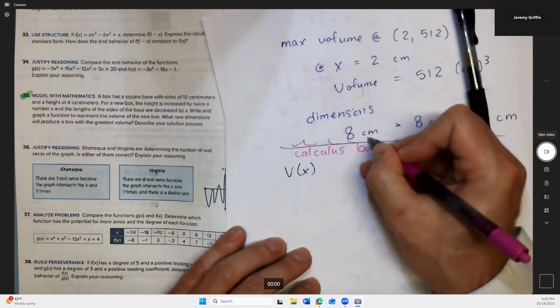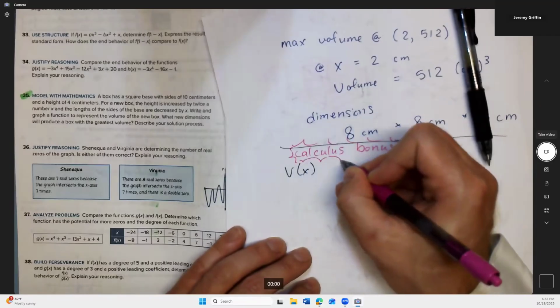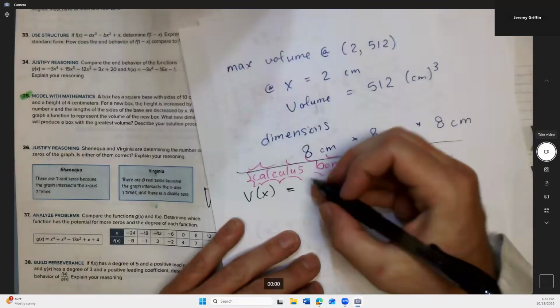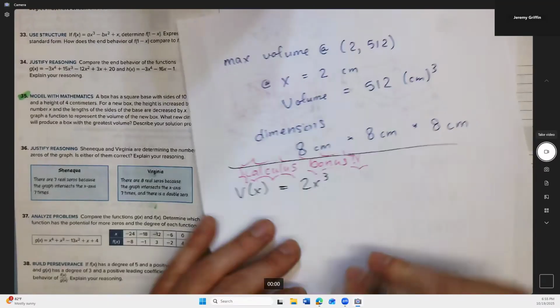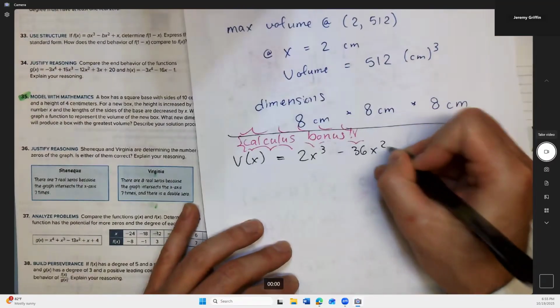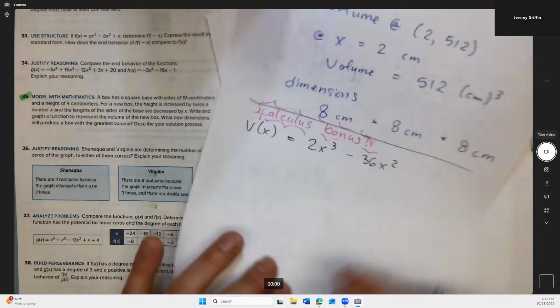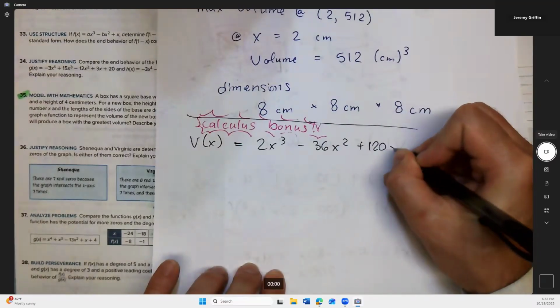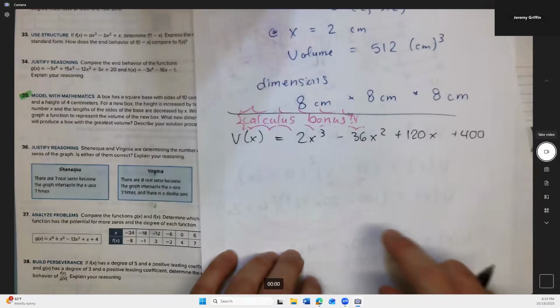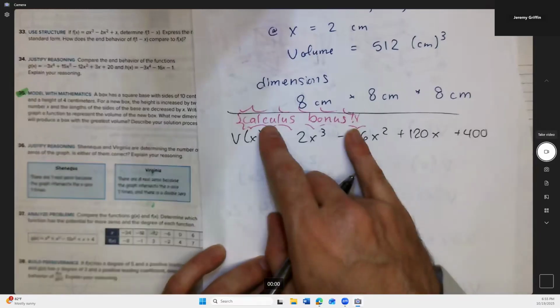V of x equals 2x to the power of 3 minus 36x squared plus 120x plus 400.